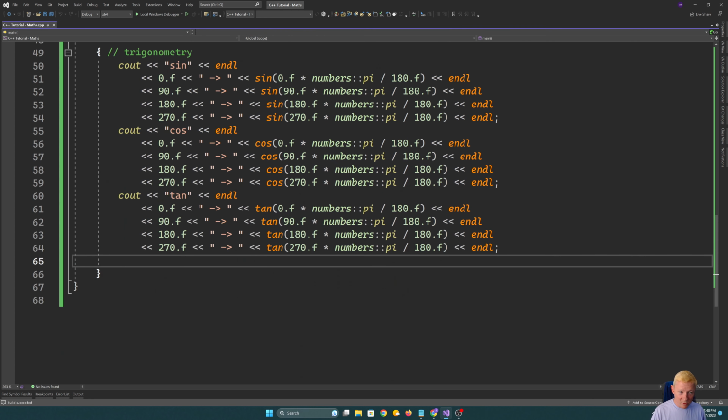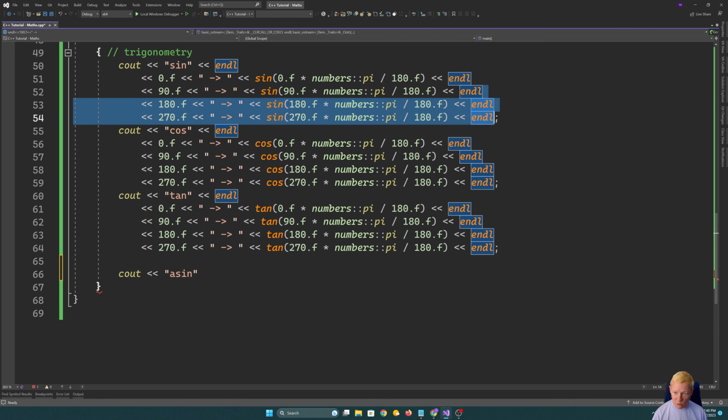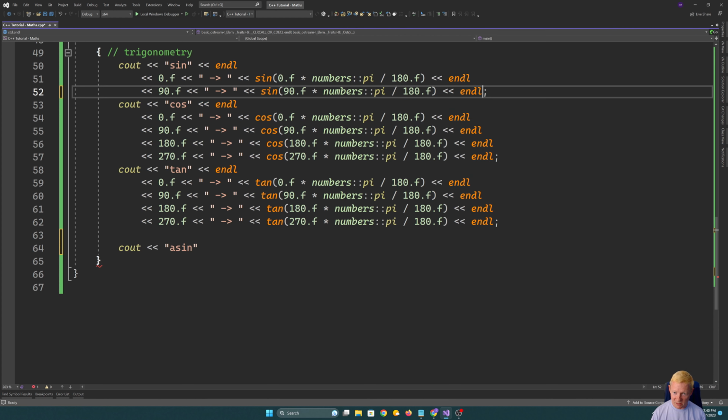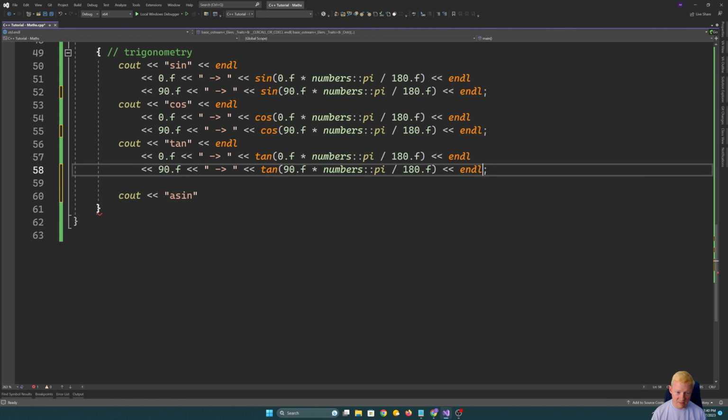Really handy to be able to do things like our inverse sine, inverse cos, and inverse tan. And those exist as well. So we won't do as many tests with those. I will actually shorten the amount of tests we're doing for these. We don't really need to do all of that.